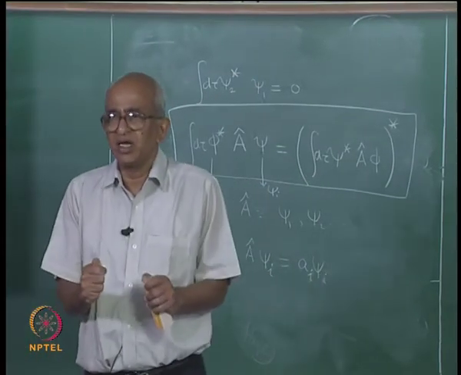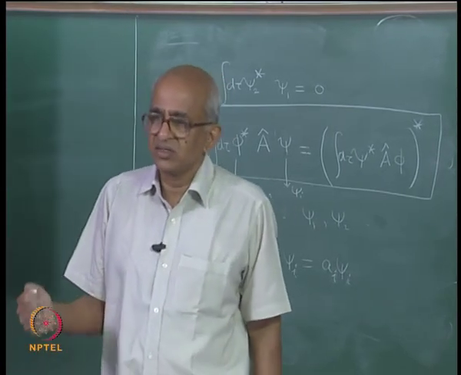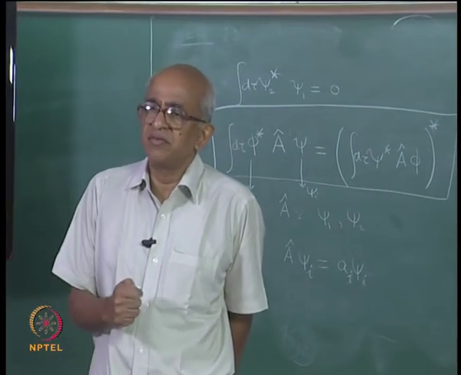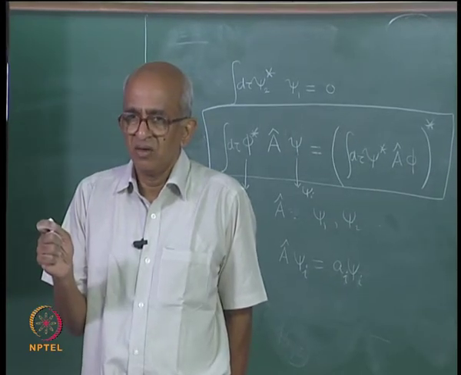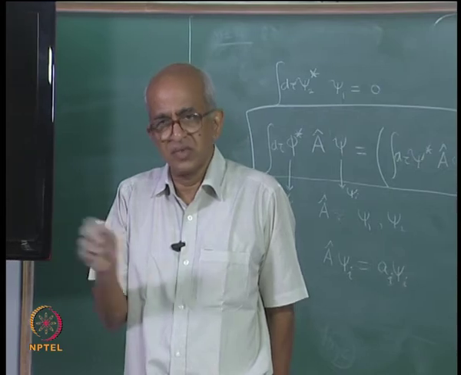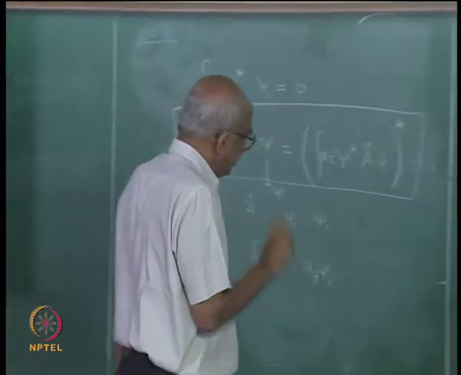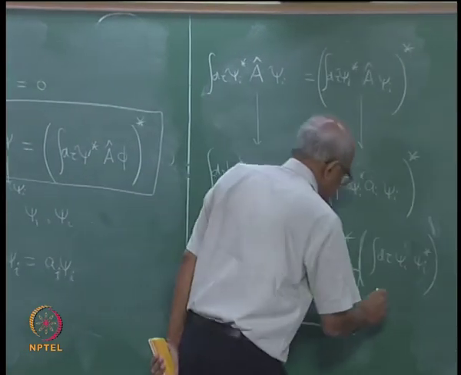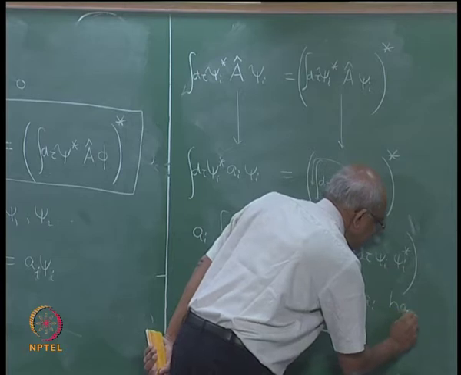Any given eigenvalue is equal to its own complex conjugate, and this can be valid only if a I is a real number. If a I is a complex number, this will not be satisfied. So, therefore, any given eigenvalue a I has to be real.